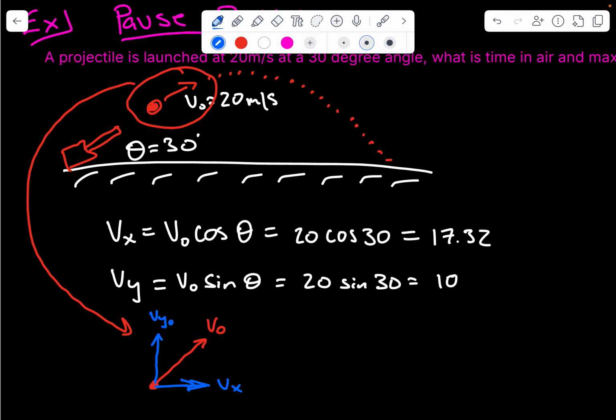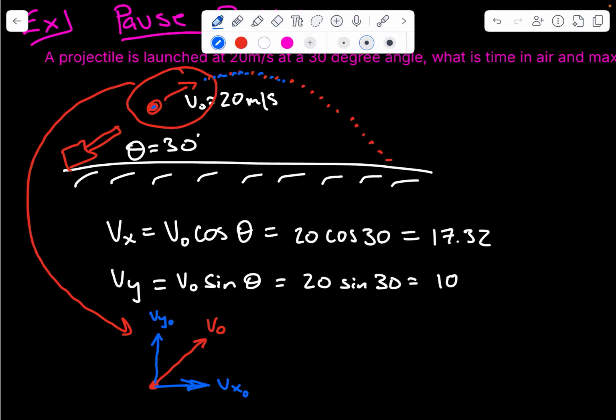So I'm going to put a little sub-zero like that, because as this projectile moves along this path, the y component and x component change. As it reaches the max height, Vy becomes 0, and so on. But my Vx and my Vy, this is what they mean right now.